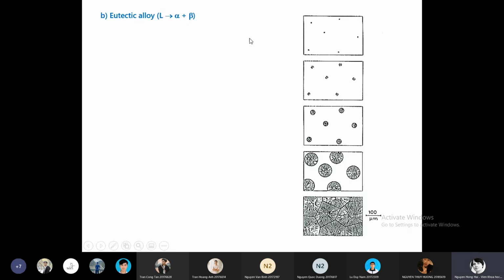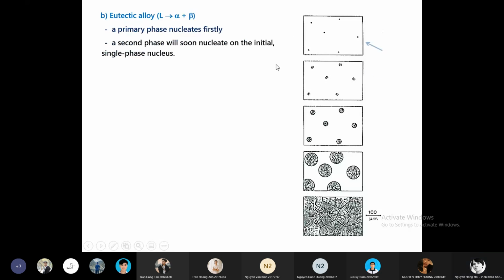But initially only one phase can be formed. It's the primary phase. And the second phase nucleates on the primary phase immediately.